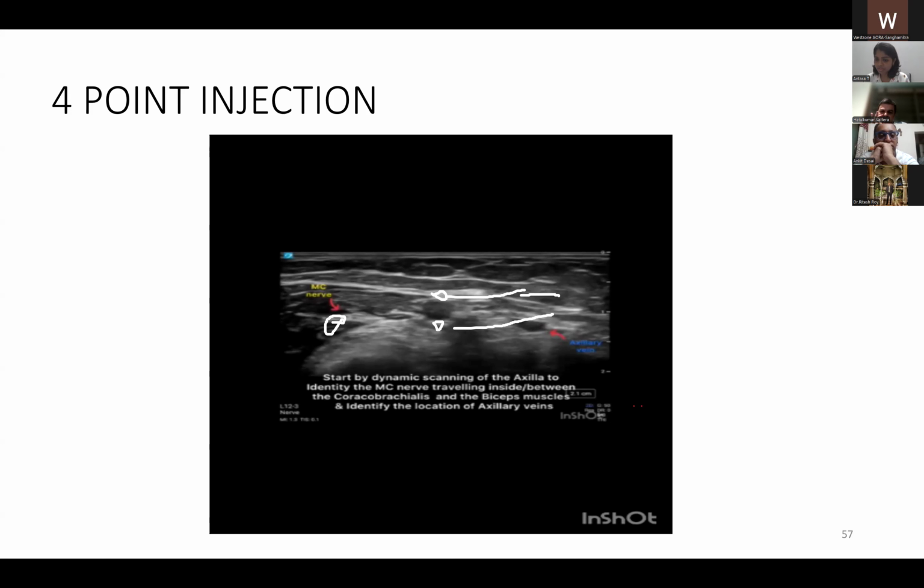So what are the two injection strategies of the interscalene approach? We go between the two so that we avoid any intraneural injection because of the splitting. There's a name for the two injections.